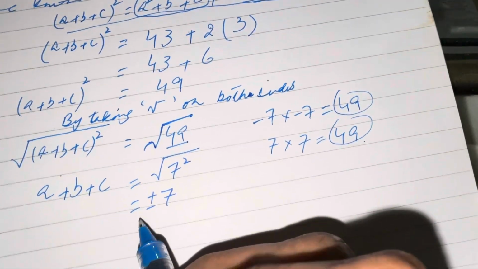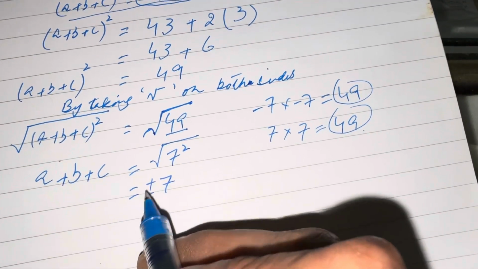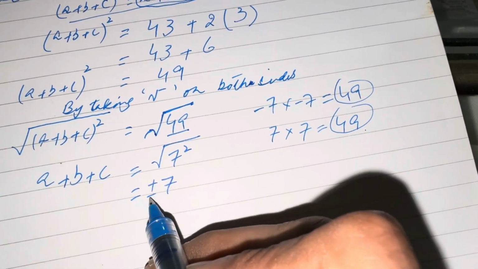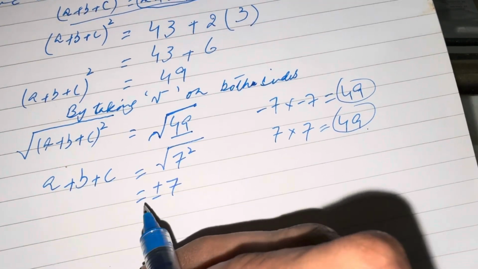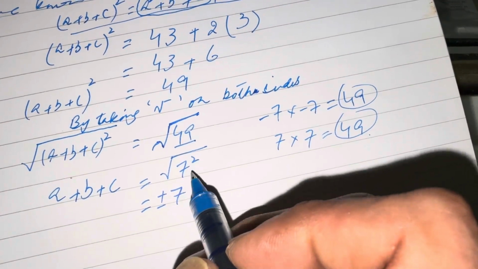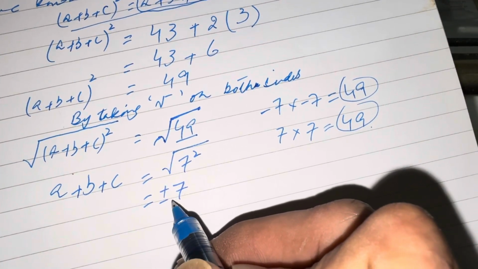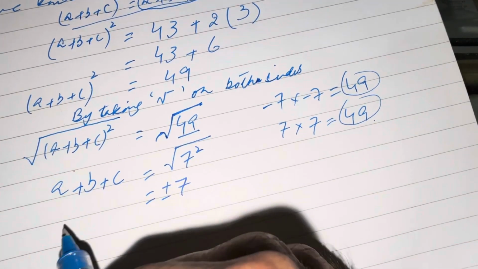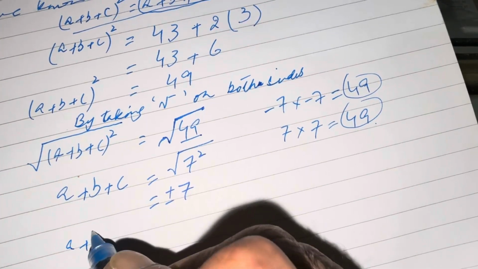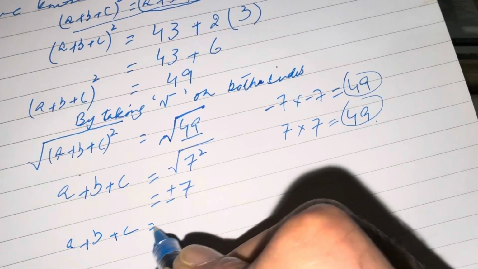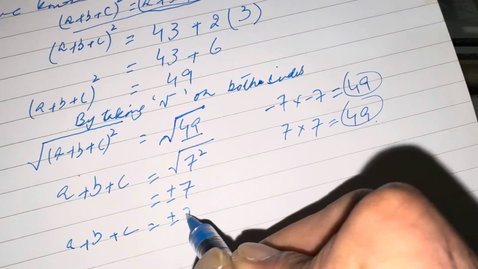So we write it with the two signs, plus minus 7. Whenever you take the square root of any number, we have to put these two signs with the number. So a plus b plus c is equal to plus minus 7.